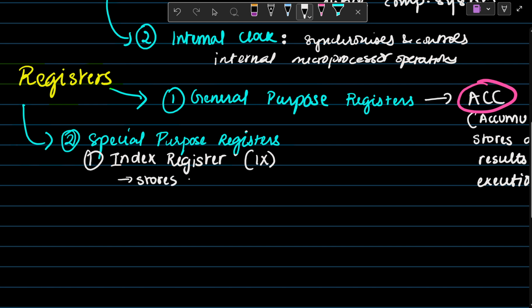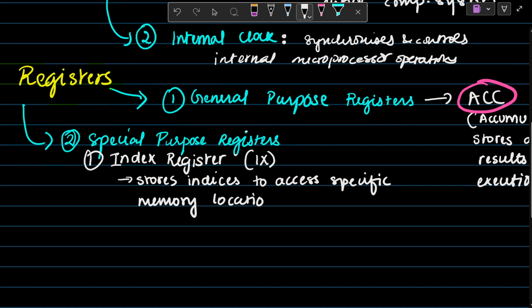Indices is basically just index in plural. So that is your index register, our first one.